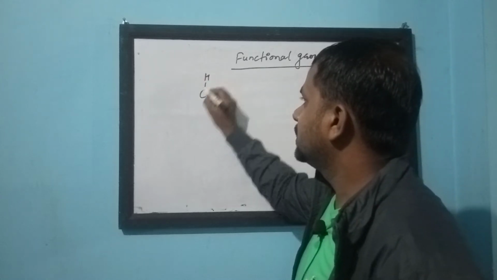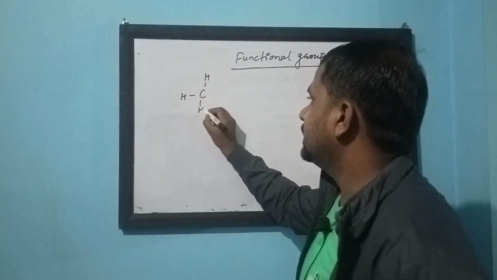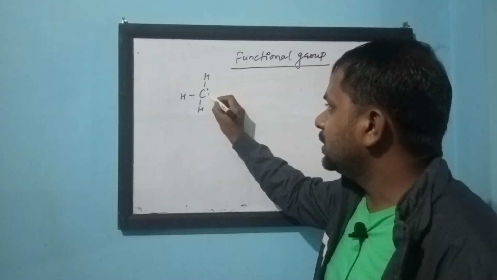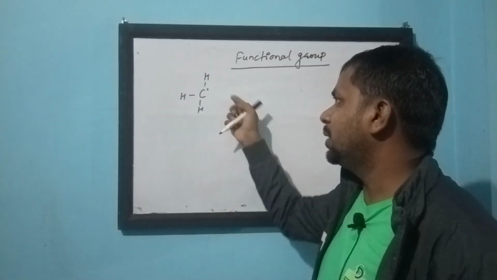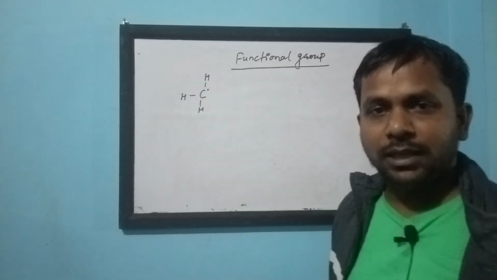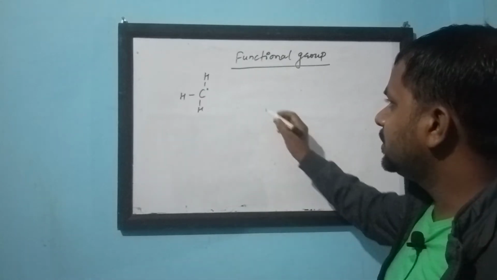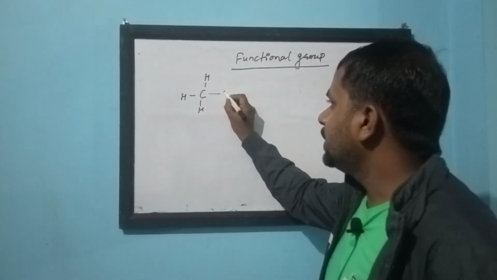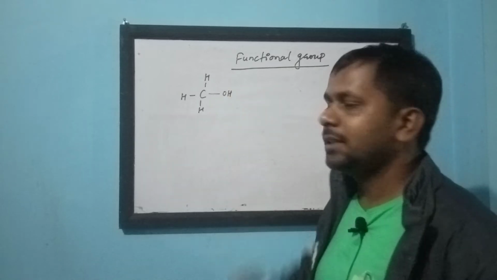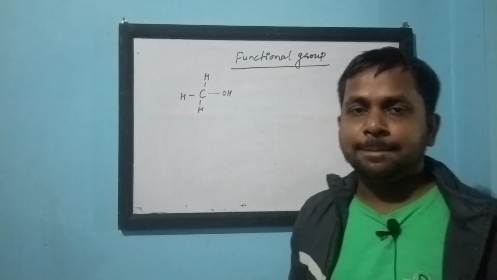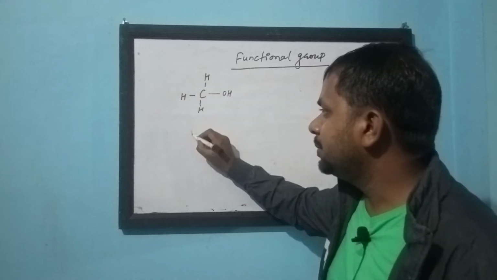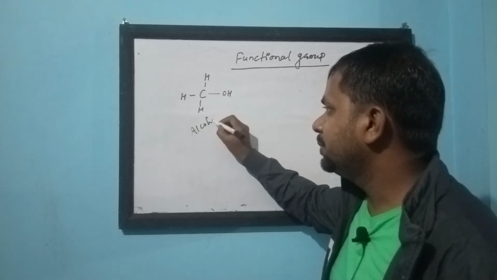Suppose this is any alkyl group and this carbon wants any group to come and react over here. Suppose at this point any OH group came and attached here, then this compound will become alcohol.